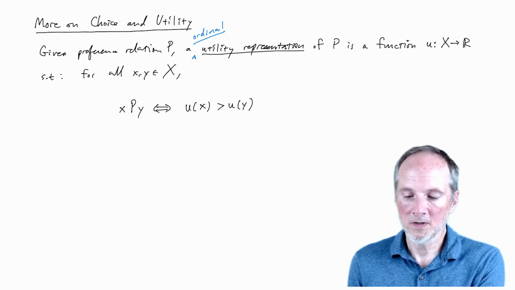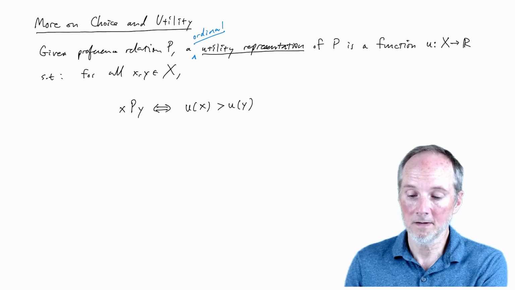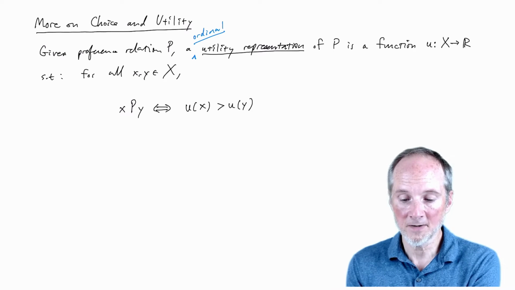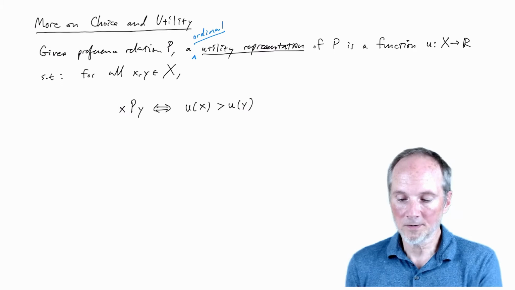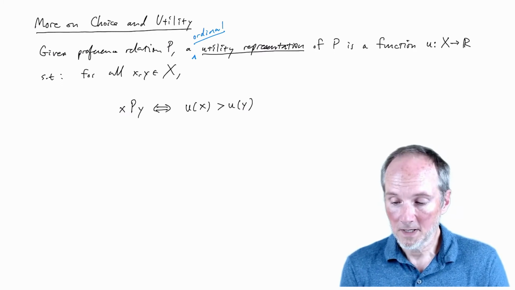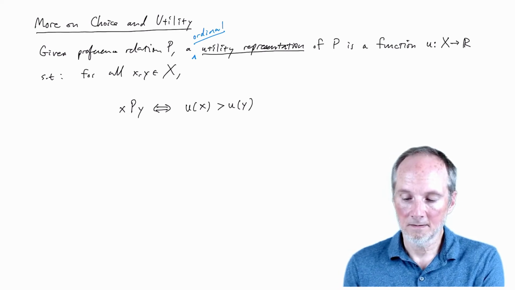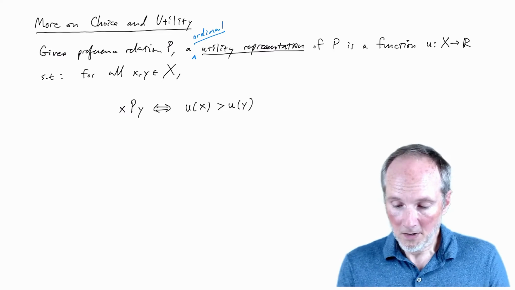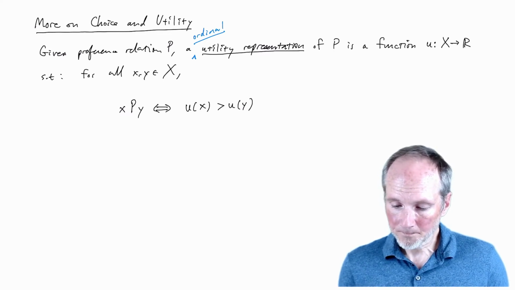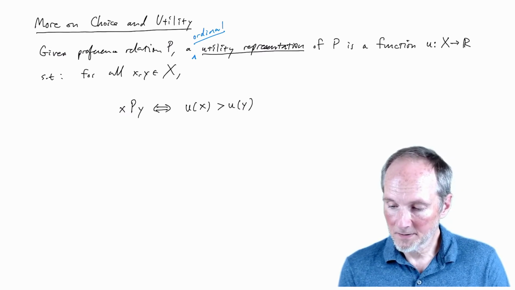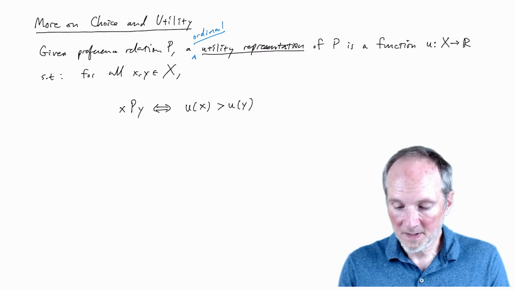We're only using it as a way of encoding this strict preference relation, encoding these binary comparisons that the decision maker makes. So it's called ordinal as opposed to cardinal. I'm not going to worry about saying ordinal every time, but if you've heard that term, that's what we're talking about. So a utility representation is defined by this biconditional.